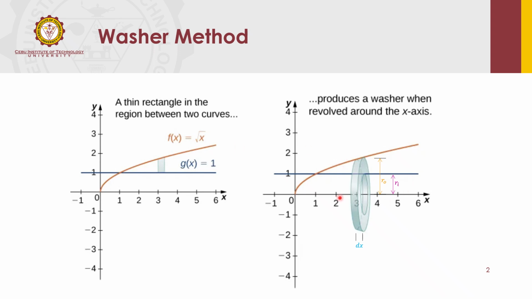How many units is it away? In short, we use the washer method if the strip is perpendicular to the axis of rotation, but does not touch the said axis of rotation.